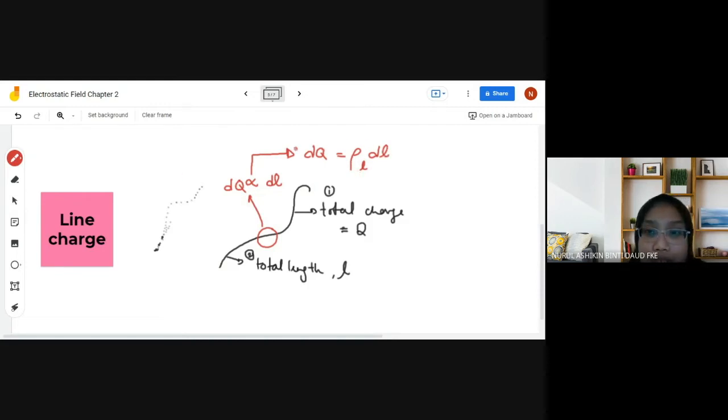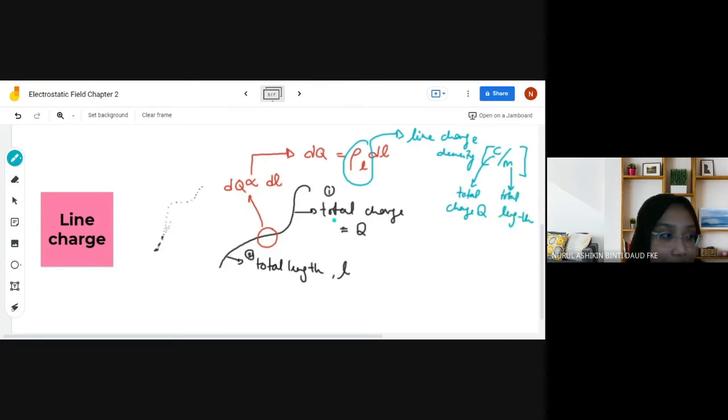So this rho L is referring to the line charge density, where the unit is coulomb per meter. Coulomb refers to the total charge, or the total q, and meter refers to the total length.